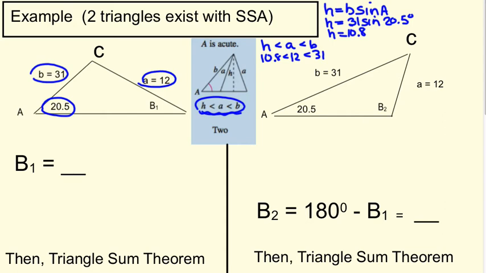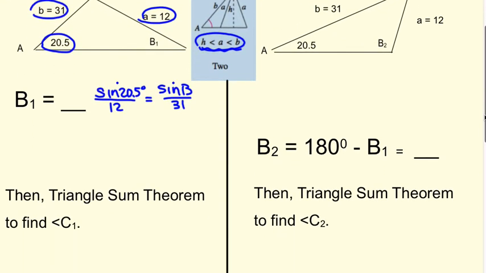I'm going to say the sine of 20.5 degrees, which is angle A, divided by side A equals the sine of B over side B. And we're going to use cross multiplication.